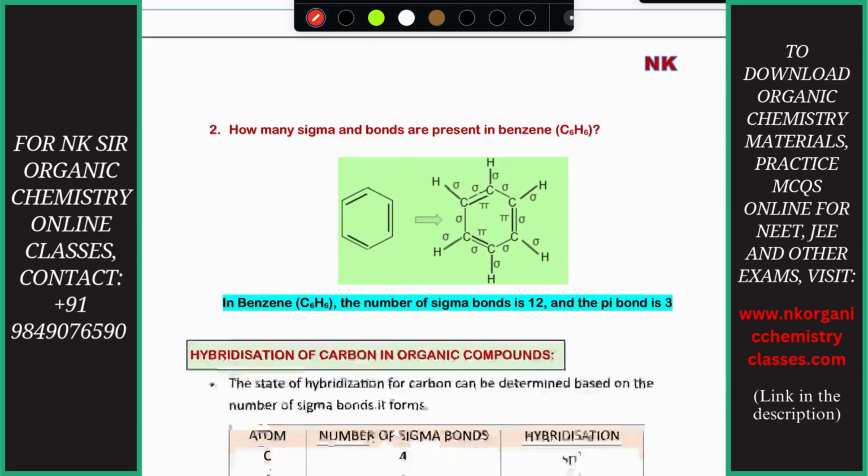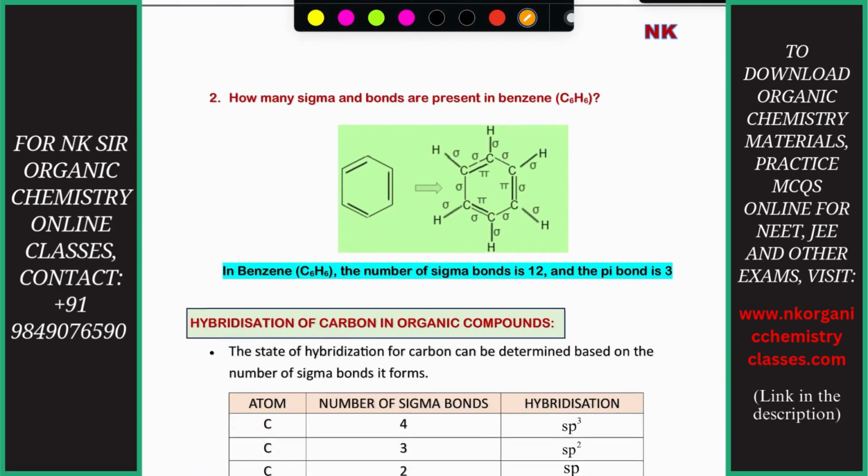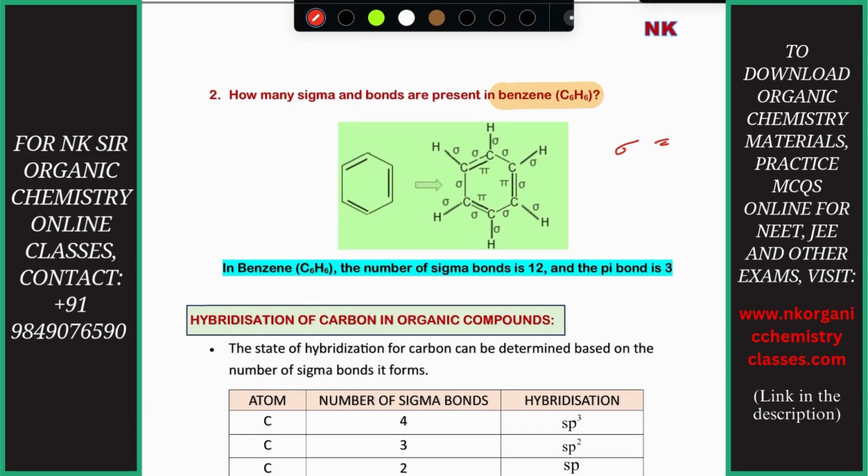Now let us move to the next one. How many sigma bonds and pi bonds are present in benzene? You know the benzene molecular formula is C6H6. Now here we will try to calculate the number of sigma bonds and pi bonds in benzene.